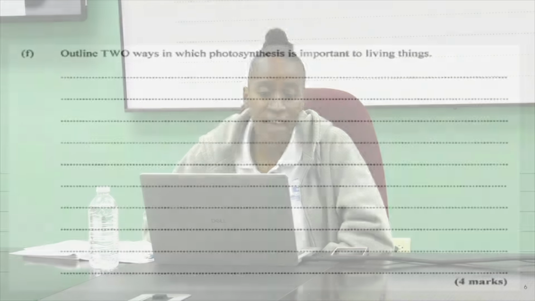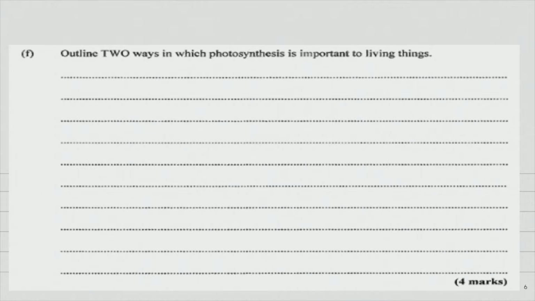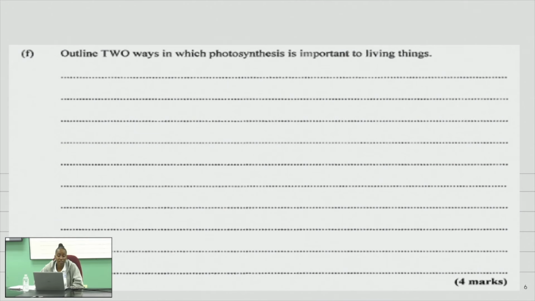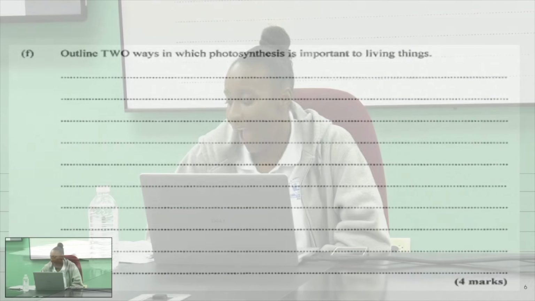All right, so the last part of our first question says, outline 2 ways in which photosynthesis is important to living things. Now, the two things that we'll be focusing on are stability of ecosystems/food chains and the production of oxygen/reduction of carbon dioxide.